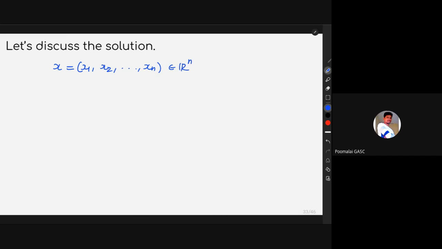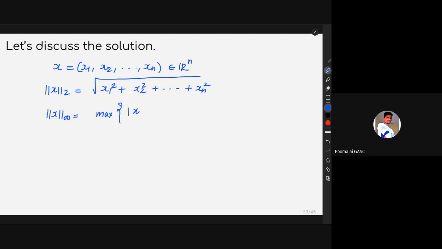The Euclidean norm is x1 square plus x2 square up to xn square, and the square root of this thing. The infinity norm or supremum norm is the maximum of these moduli.